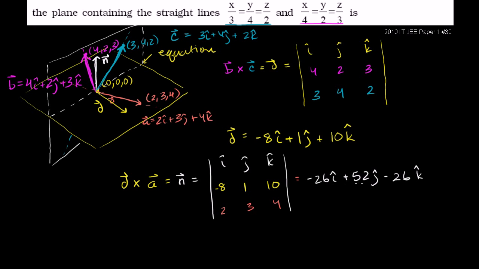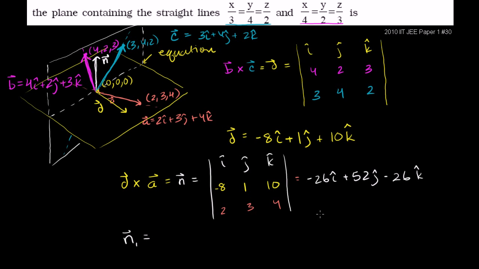And just because it pops out at me that all of these are divisible by 26, I'm going to define another normal vector. We could call it anything. Let's call it n1, just to show it's a different vector.